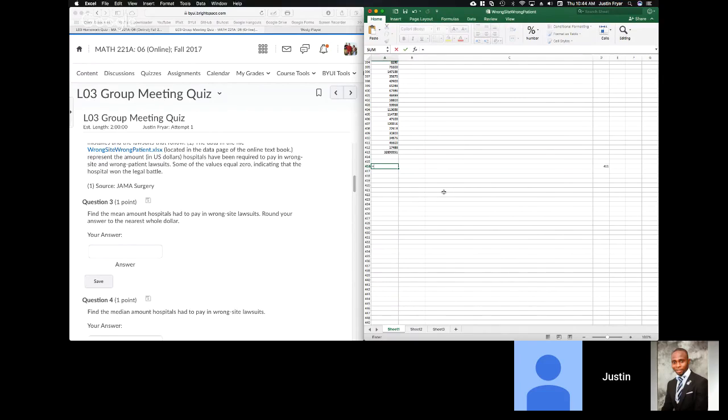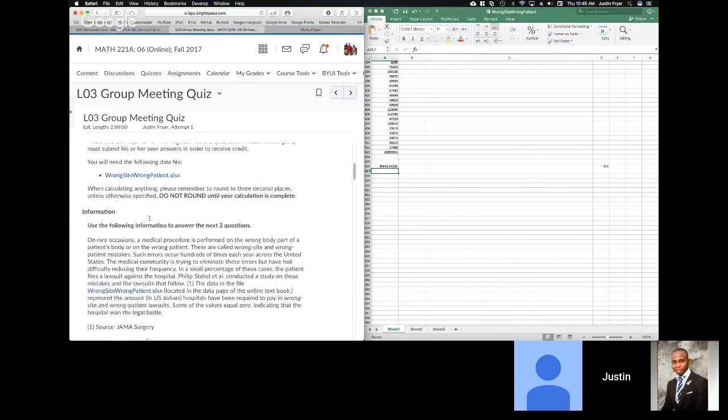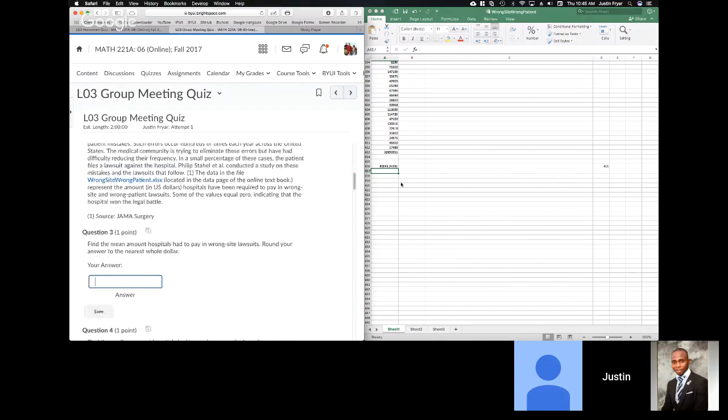So we need to find the mean. Equals this divided by this. Round it to 3 decimal places. Right? I can remember to round to 3 decimal places. Yeah. To come out with 841.